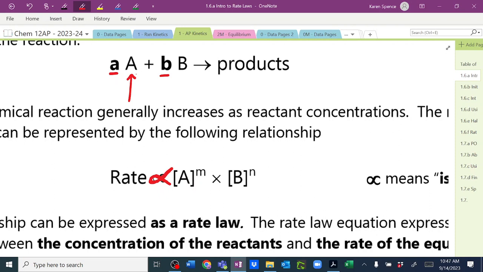Could be 0, 1, 2, whatever. It's B raised to the n. But what you'll notice is that this right here is not little a. It's not the coefficient. It's tempting to want it to be the coefficient, but it's not.